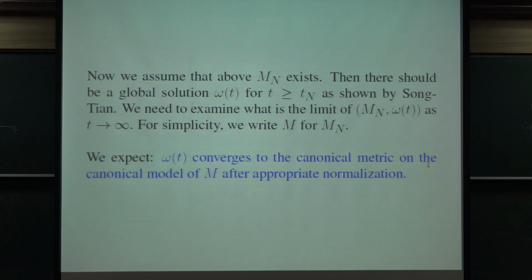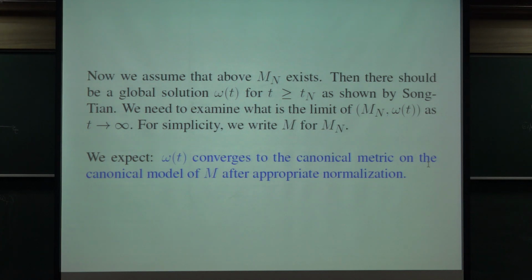This is like the three-dimensional case: after finite surgery, you want to see what the limiting geometry is. Maybe I should emphasize one thing. In the Kähler case or algebraic case, this finite time surgery basically kills positivity in the first Chern class. After finite many surgeries you kill all the positivity.